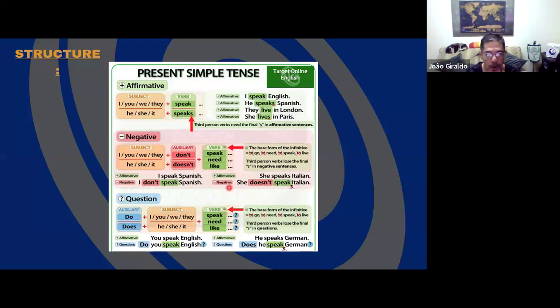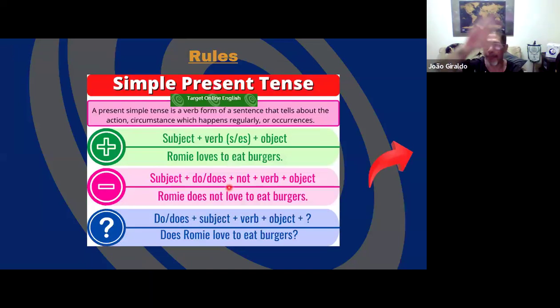Okay, so continuing here, this is the basic structure of the simple present. Okay, a present simple tense or simple present, you decide the way you call, is a verb form of a sentence that tells about the action. Okay, the action, the circumstance which happens regularly or occurs. What's that?